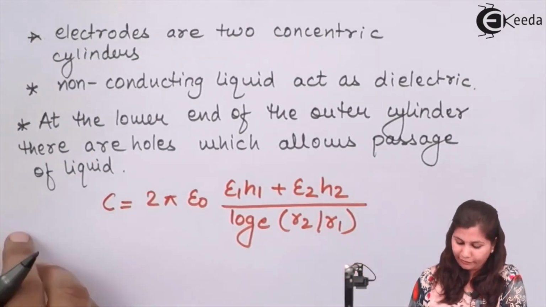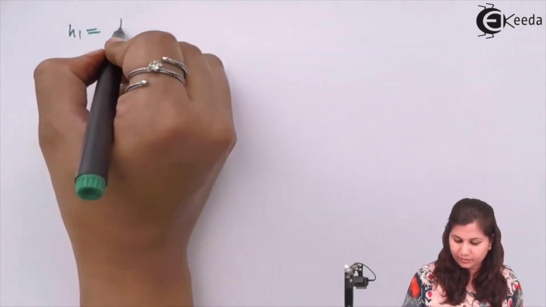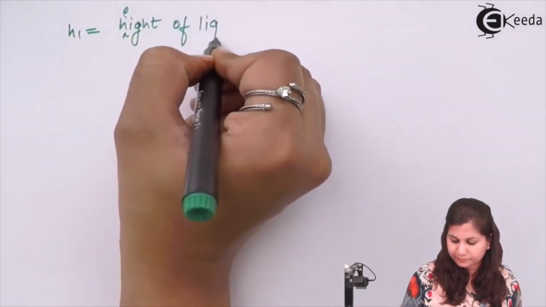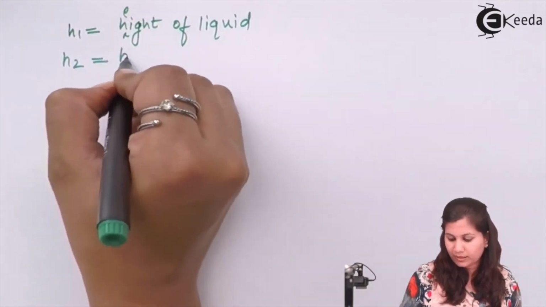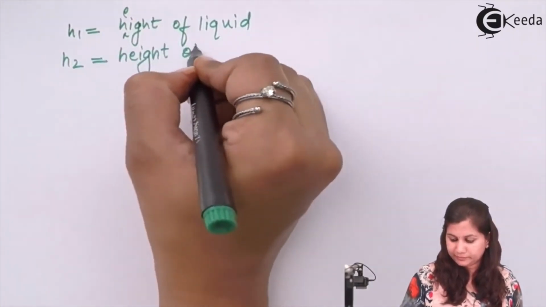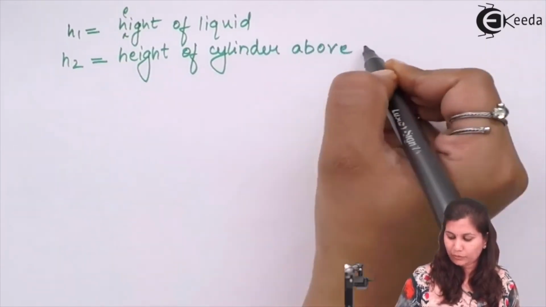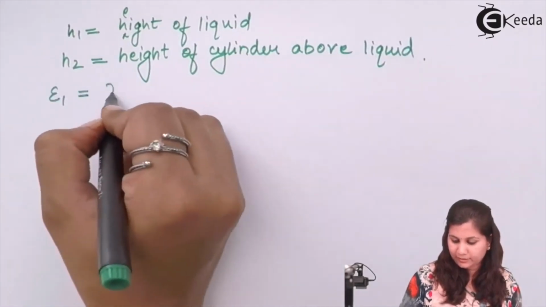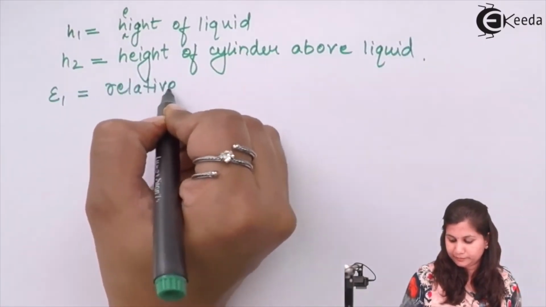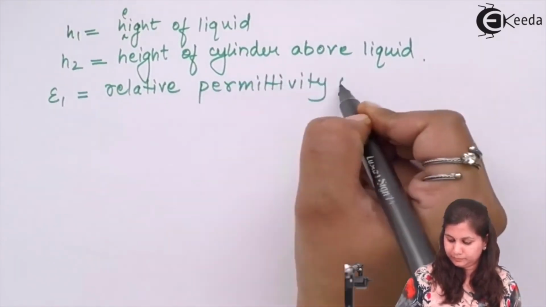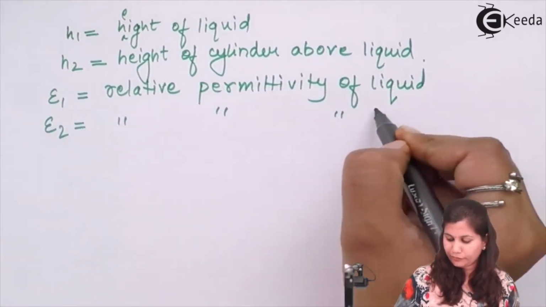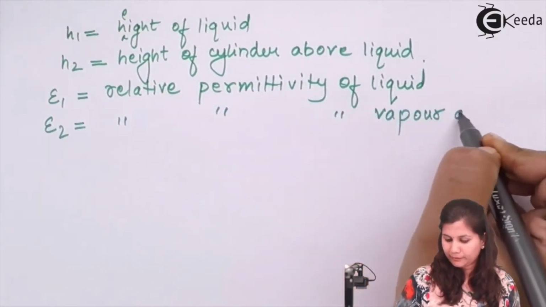Okay, let's define these variables here. H1 is the height of liquid, H2 is the height of cylinder above the liquid, or we can say the remaining height. Epsilon 1 is the relative permittivity of liquid, epsilon 2 is the relative permittivity of vapor above liquid.